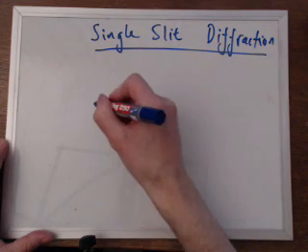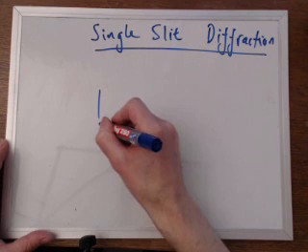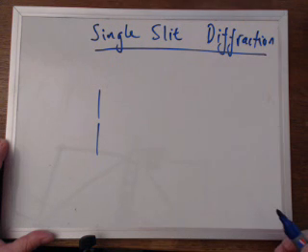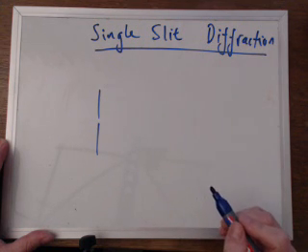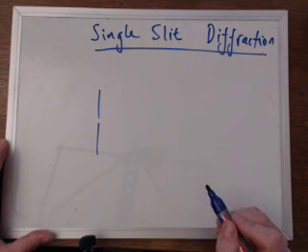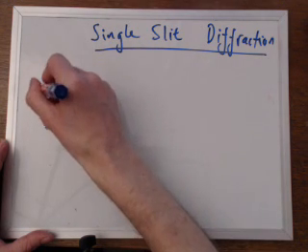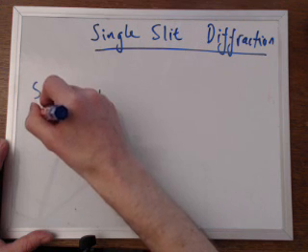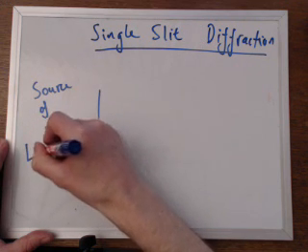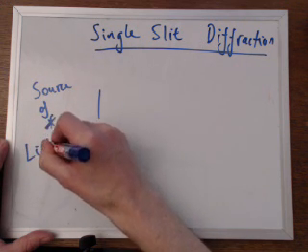Okay, let's say we had a slit here. Now a very thin slit, because we want it thin enough to cause light to be diffracted. And so we had a source of light here.